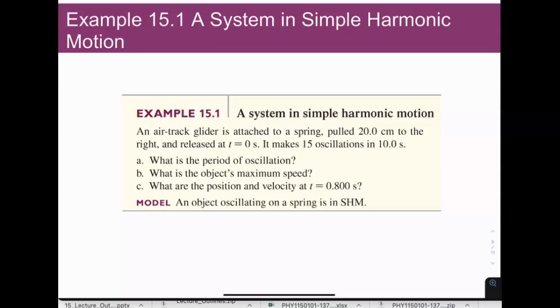We're asked to find the period of the oscillation, the object's maximum speed, and the position and the velocity at t equals 0.800 seconds. In this example, we model the object as oscillating on a spring, and it's in simple harmonic motion.